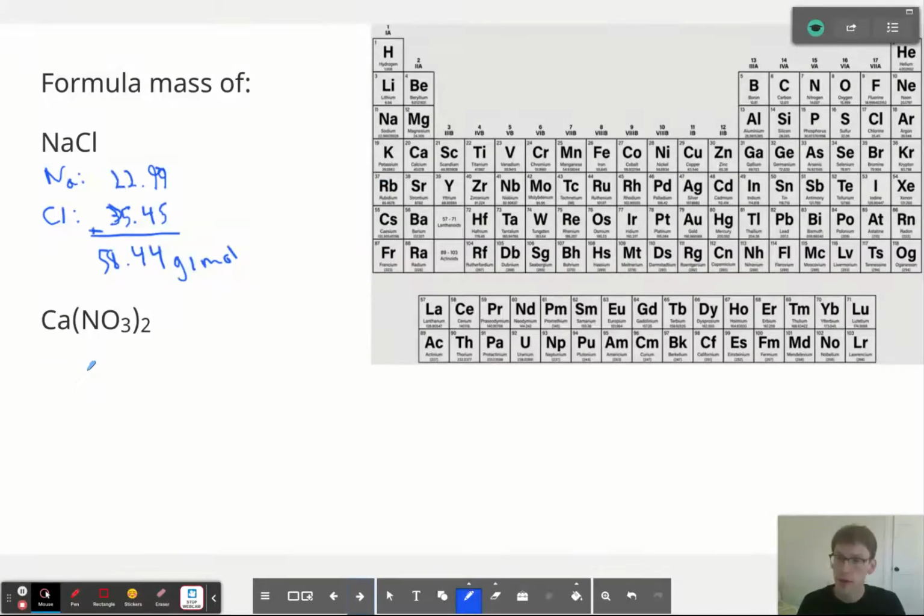So for calcium nitrate, we now look up calcium, which is going to be 40.08 grams per mole. For nitrogen, that is 2 times 14.01 grams per mole. I'm doing this as a little bit of a shorthand, by the way. For oxygen, we have 3 times 2 is 6 times 16.00 grams per mole.